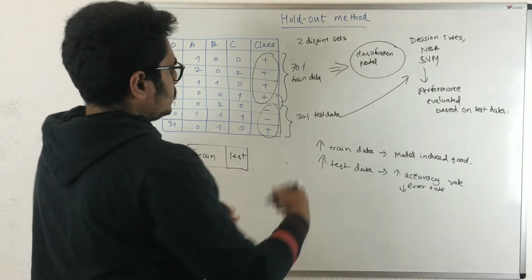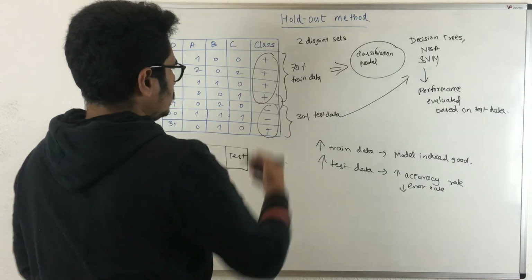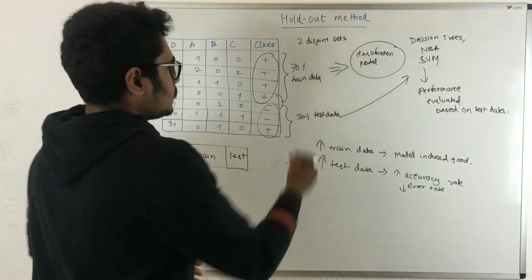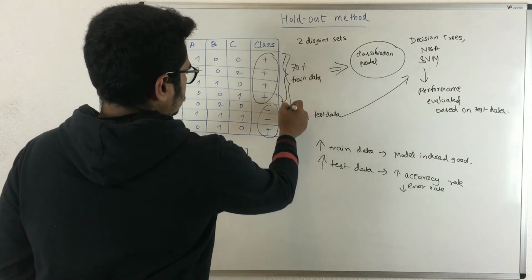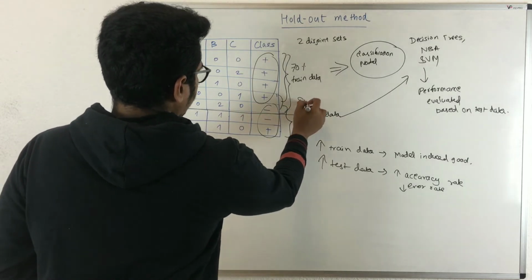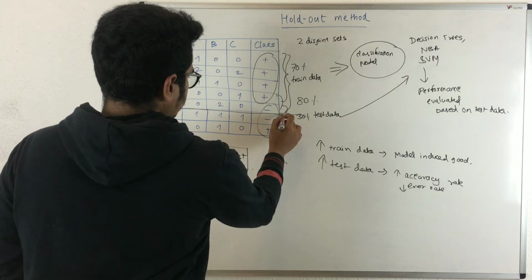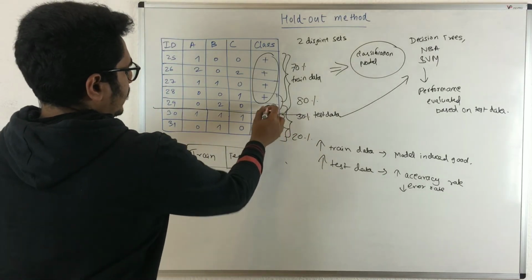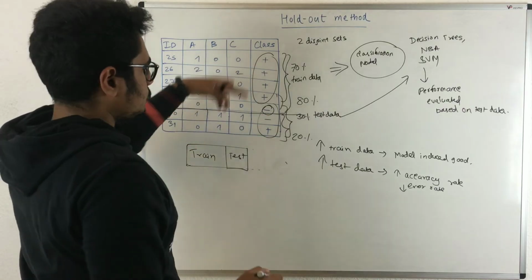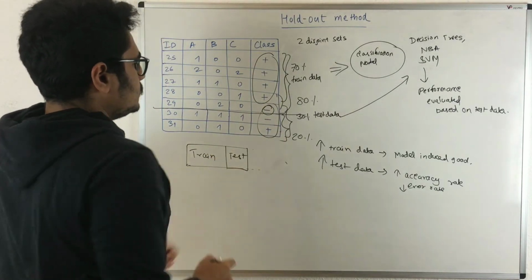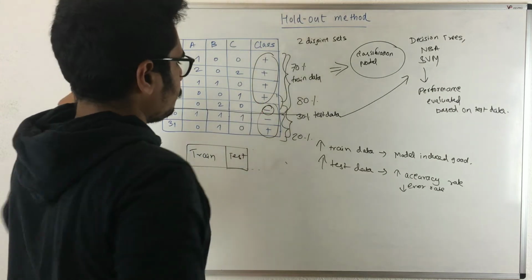In that, we swap the classes or instances in some fashion. Another possible way is we increase the training data set till here. So this will be 80%, and only 10% will go to test data. Now you can see one negative instance is there in the training data, so it can be evaluated on this negative instance as well as positive instances.